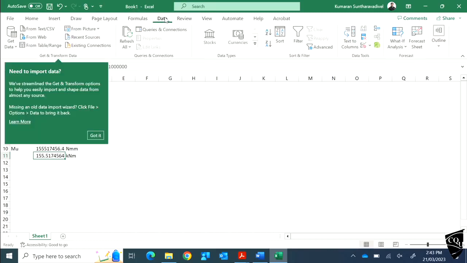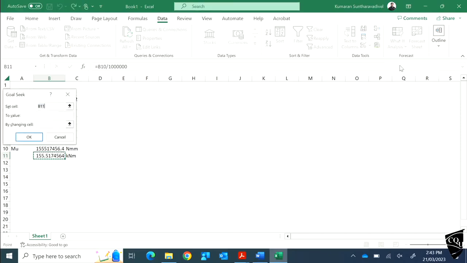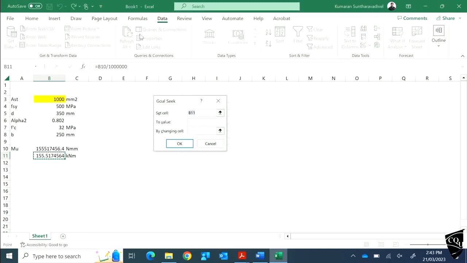Go to Data. I think it's a useful tool to solve some complex equations, second order, third order, whatever. What-if Analysis, Goal Seek. Under Data, What-if Analysis, Goal Seek.